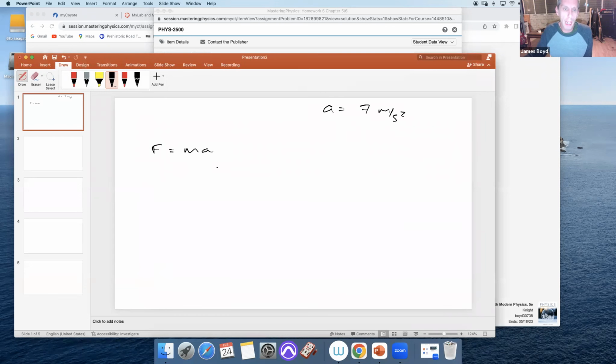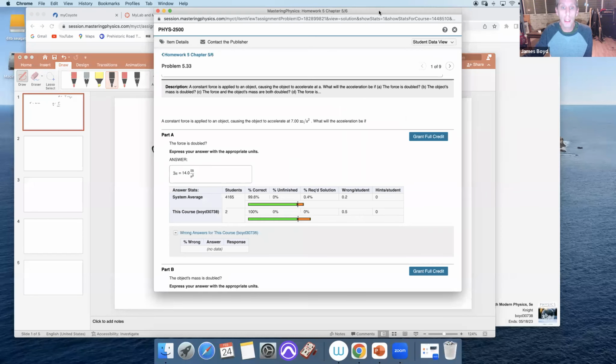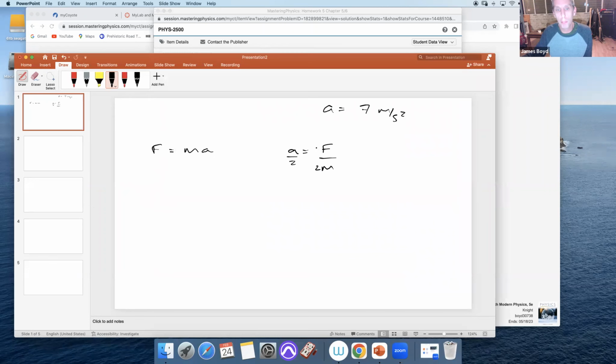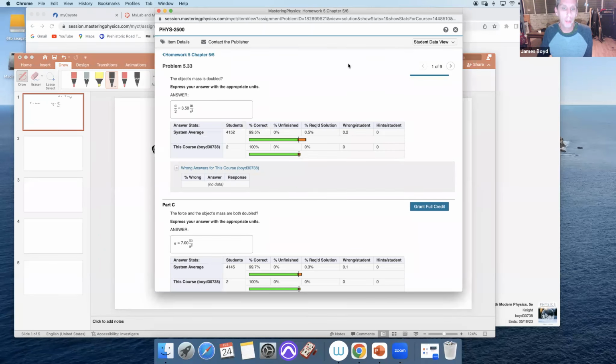If you double the mass, now our acceleration is F over m. So if this becomes 2m, the acceleration becomes half. So we get half the acceleration if you double the mass. If the force and the mass are both doubled, then we get the same 7 meters per second squared.